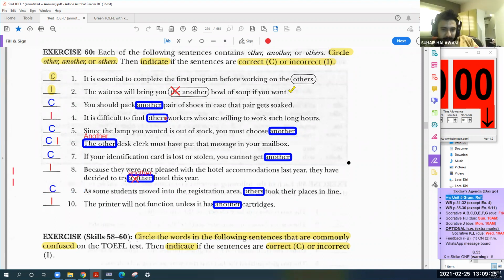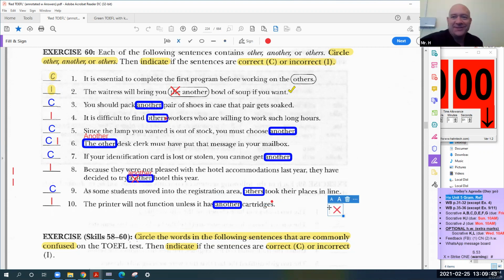Another means that it's singular, right? That's how you lose marks on the TOEFL. So how do I fix it? There are 2 ways.